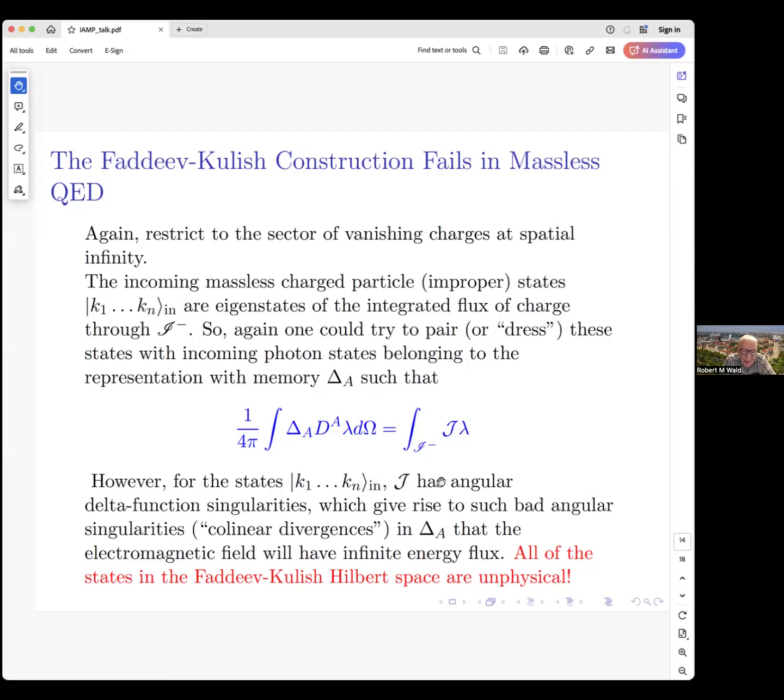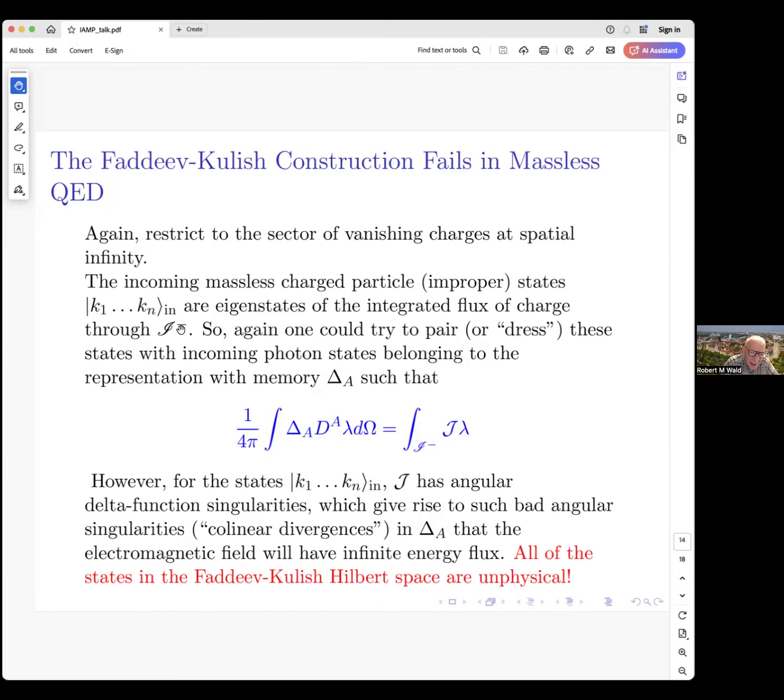These things now have very bad angular delta function singularities. That is, these momentum eigenstates, when you compute the corresponding current for that in J, everything is concentrated just at a point in angle on scri plus or scri minus.